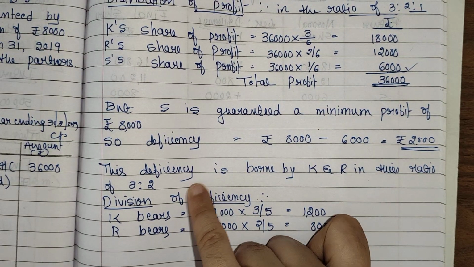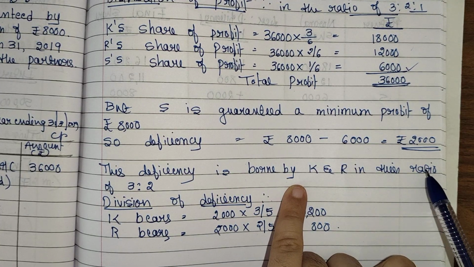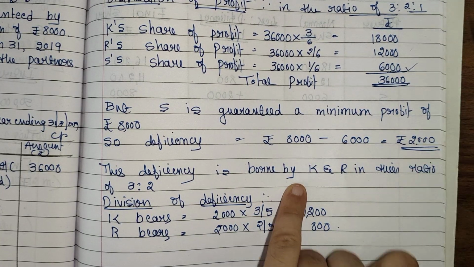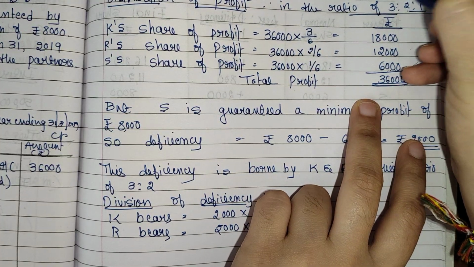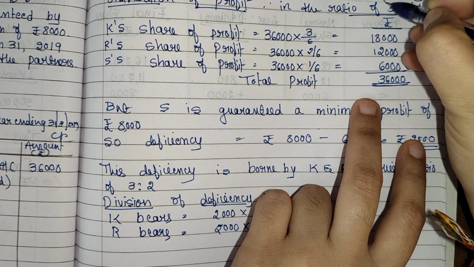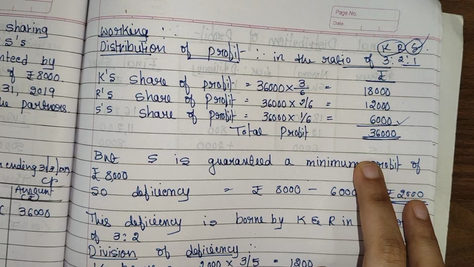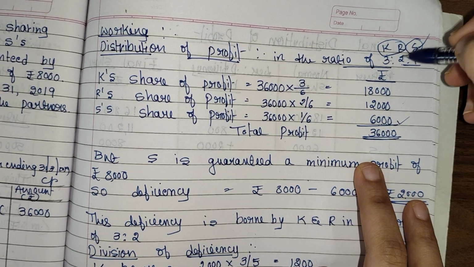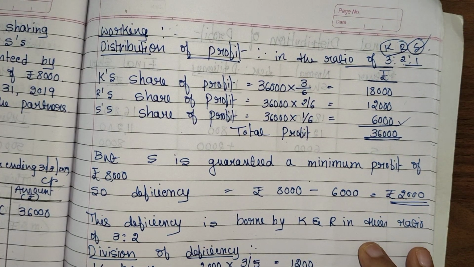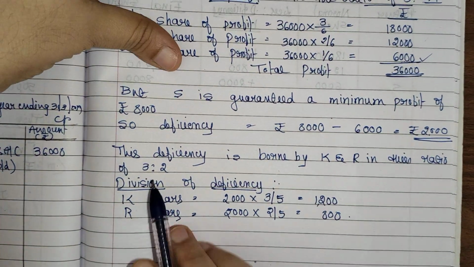Now see here, this deficiency is borne by K and R in their ratio of 3:2, that is K, R, and S's ratio is 1. Since K and R promised S, they have to compensate in their ratio of 3:2.